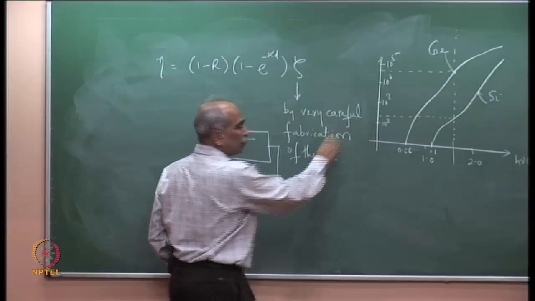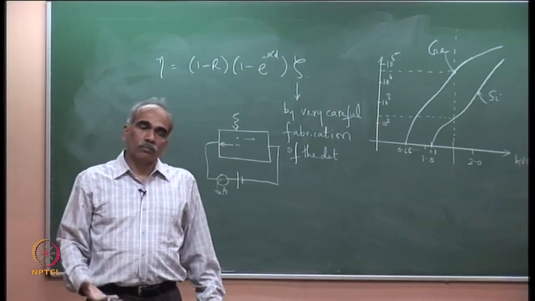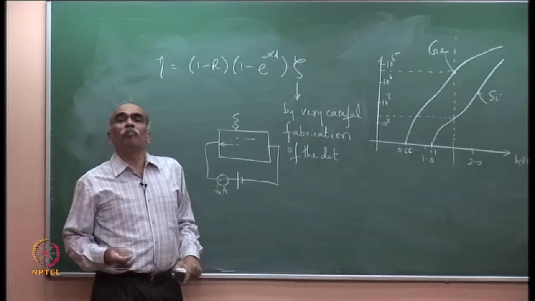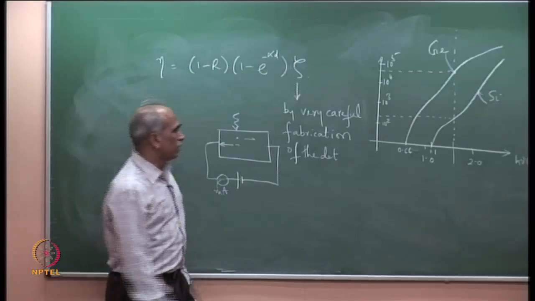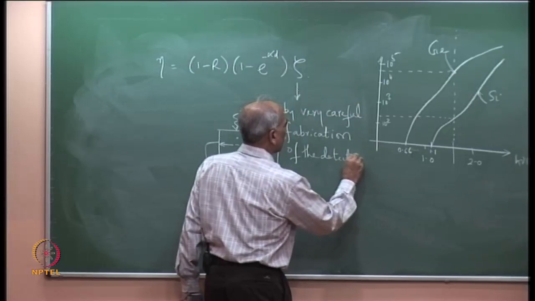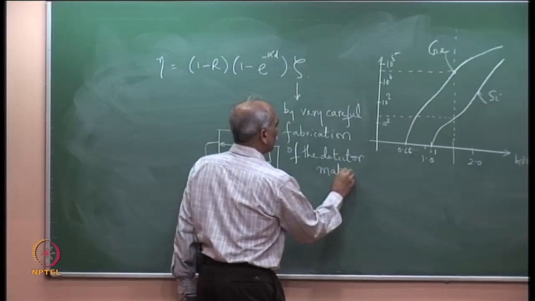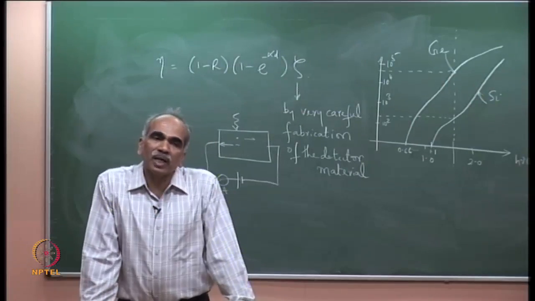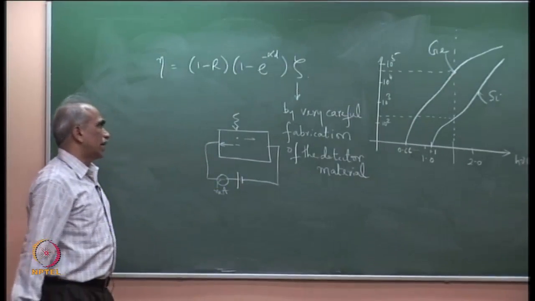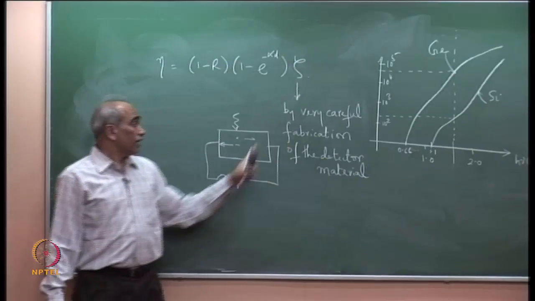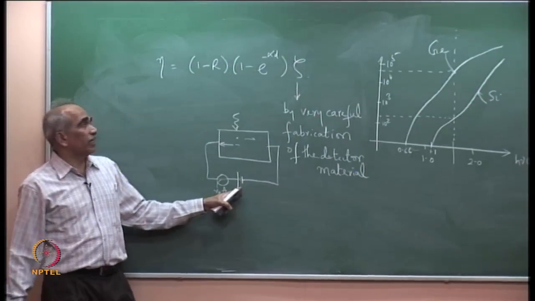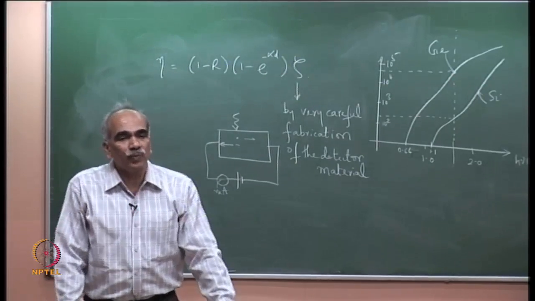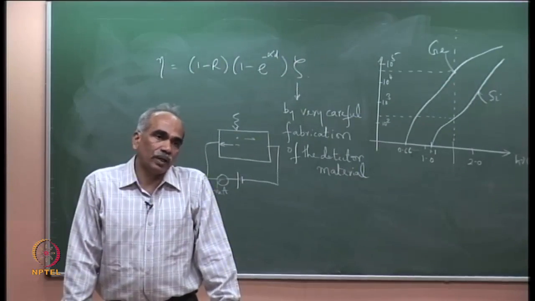Careful here I am referring to very high quality detector materials which are free of defects or minimum defect densities within the detector material. High purity detector materials will minimize the defect densities and avoid recombination, and then an applied bias from outside will maximize zeta. So, these are the two factors which will contribute to a maximum value of zeta.